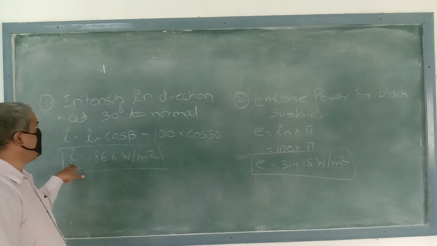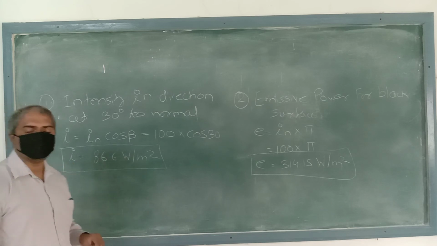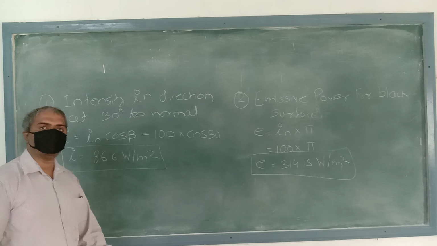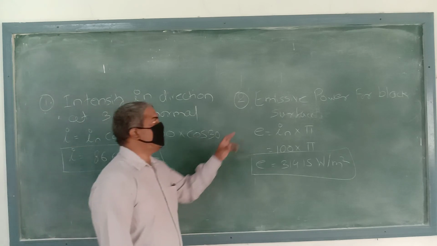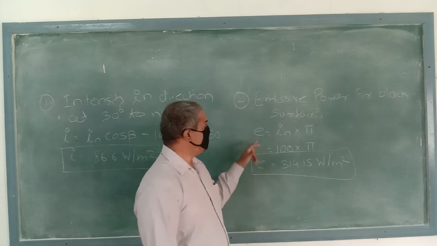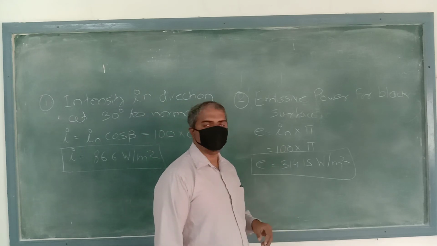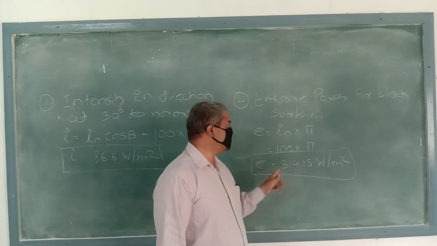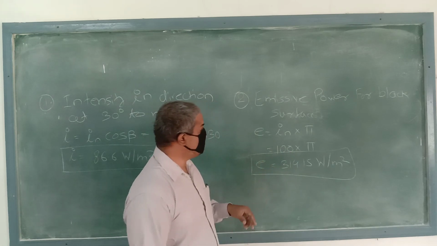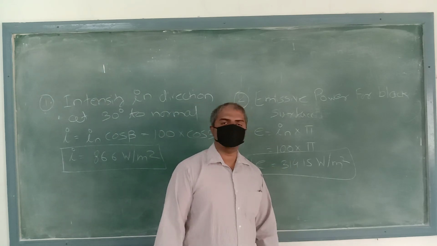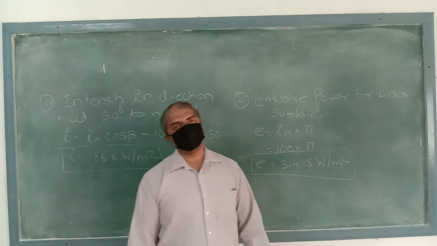So we are getting the intensity in direction at 30 degree to the normal as 86.6 watt per meter square. And next they are asking the emissive power for the black surface. We have proved E is equal to In into pi. In they have given as 100. We have substituted and we are getting the emissive power of the black surface as 314.15 watt per meter square.